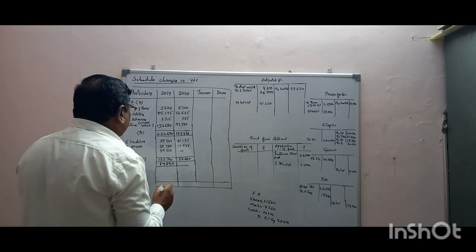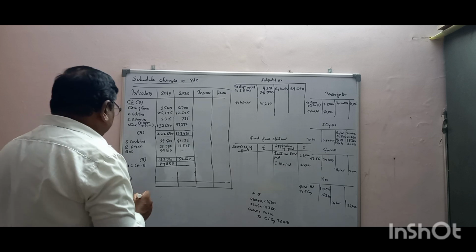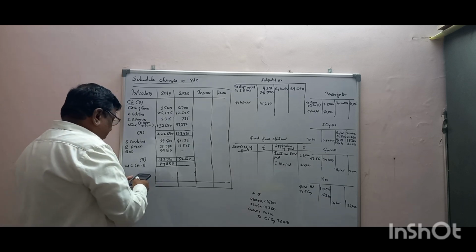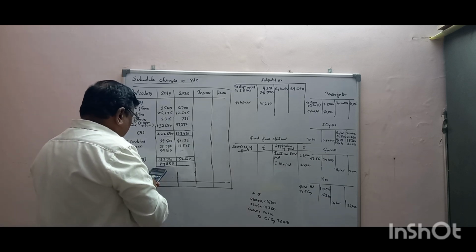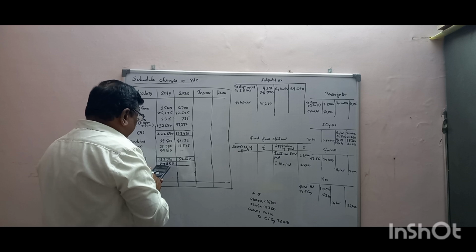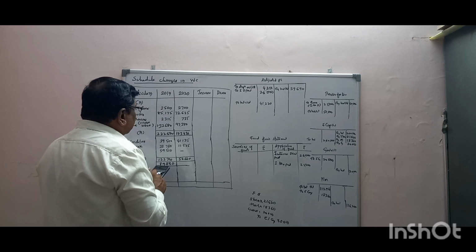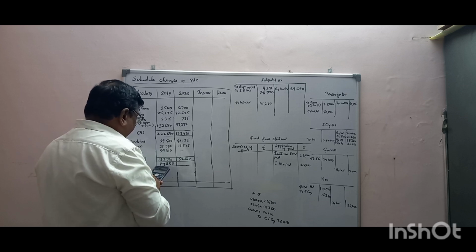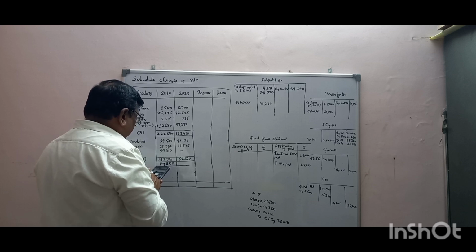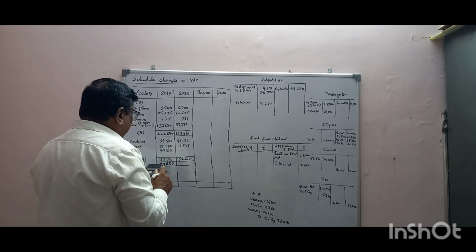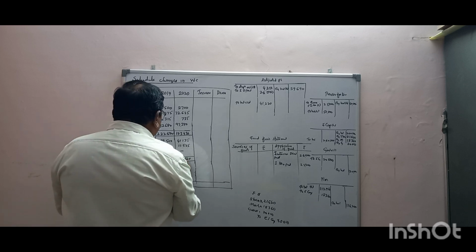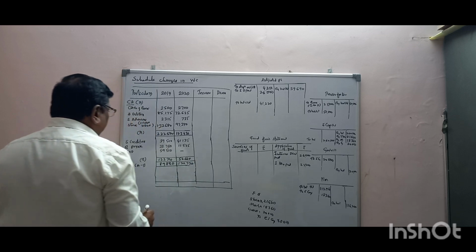Next, 1,73,430 minus 52,660 is 1,20,770.